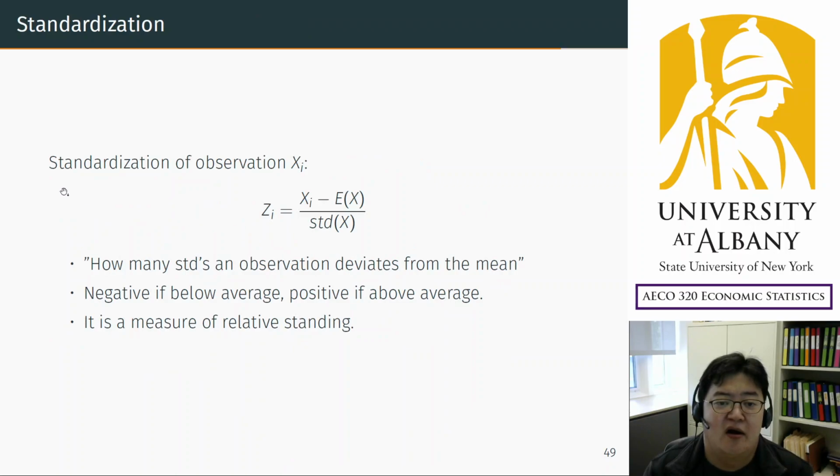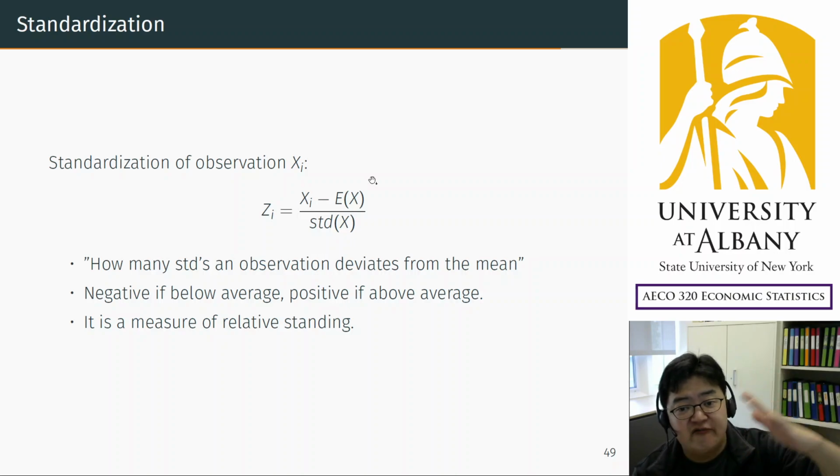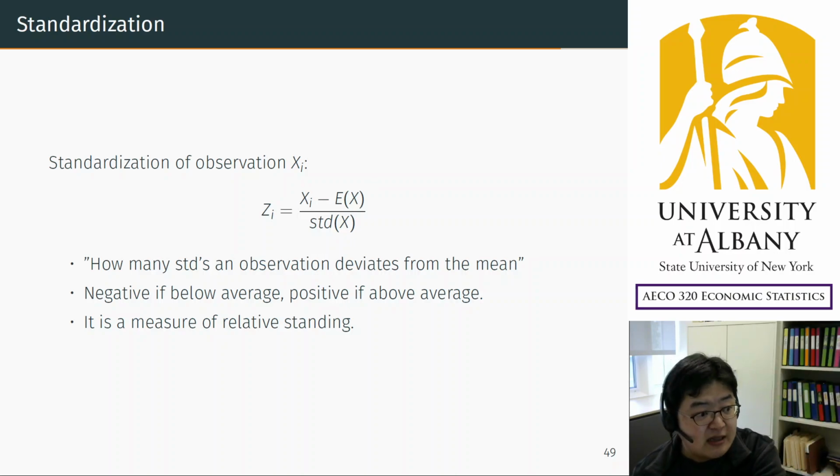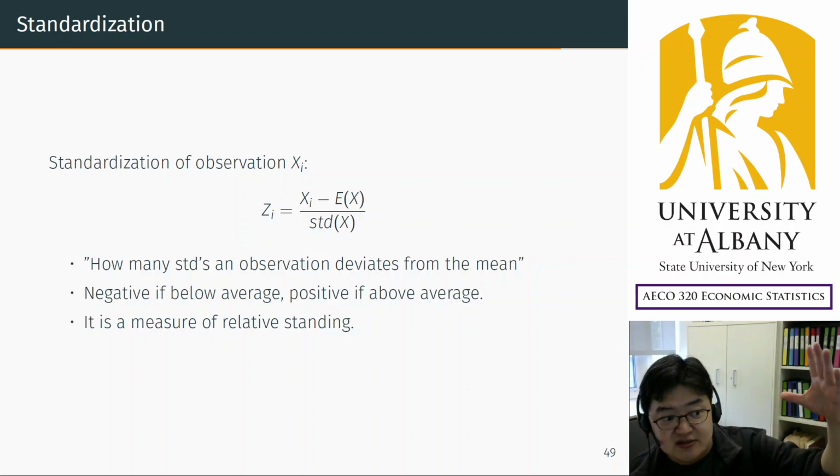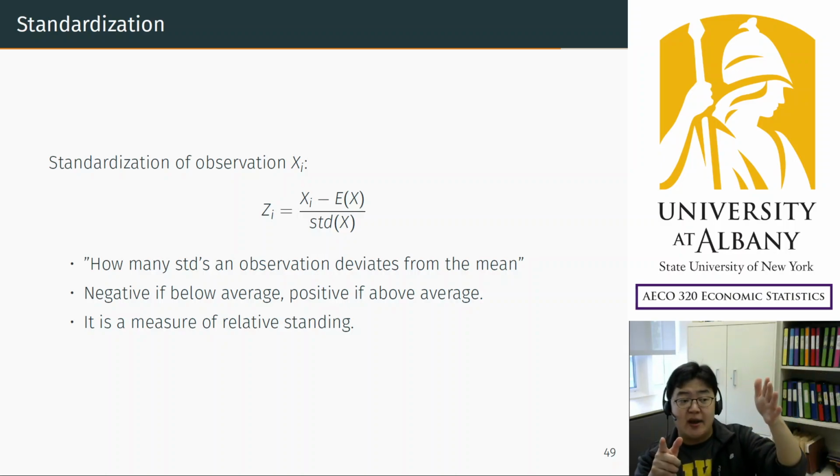So anyhow, in the end, we have a standardization. When you have an observation X, what you're going to do is subtract the mean so that we can tell how far X is from the mean, and then divide it by the standard deviation. Then you can standardize the distance of that observation from the center.